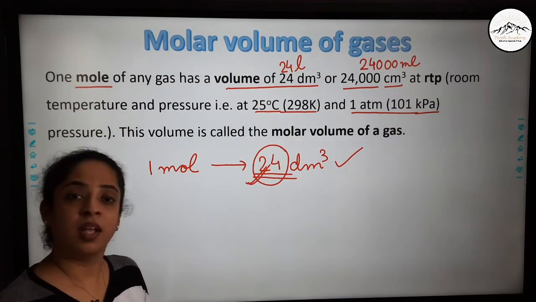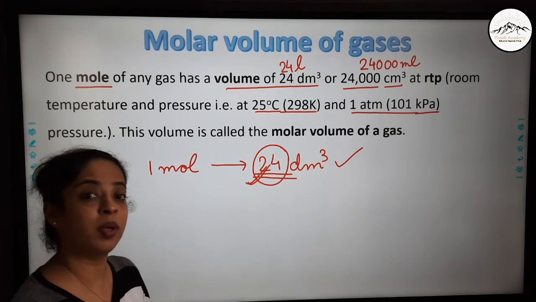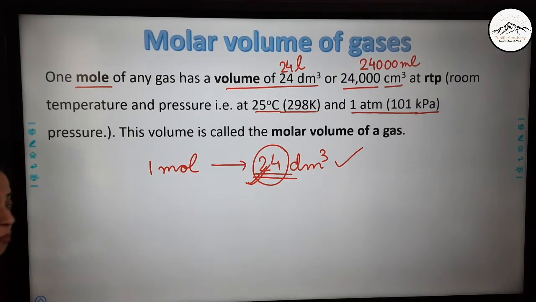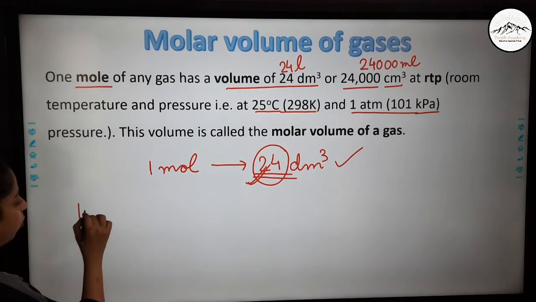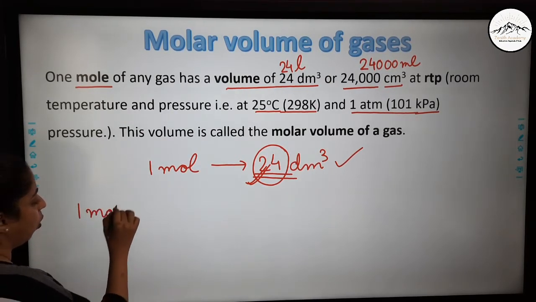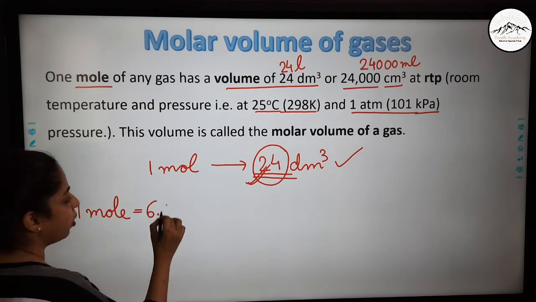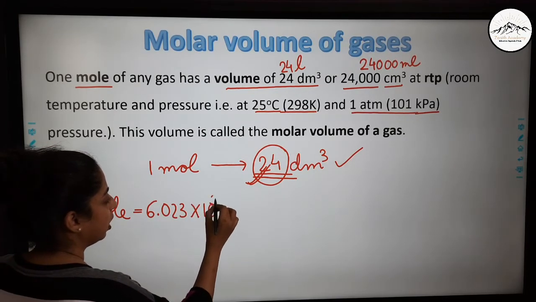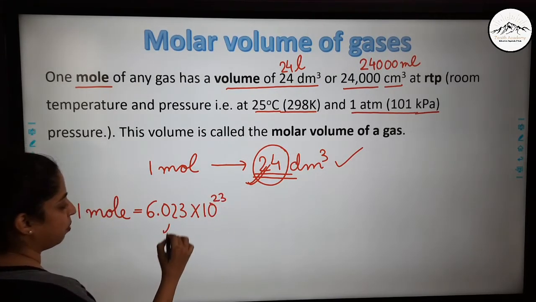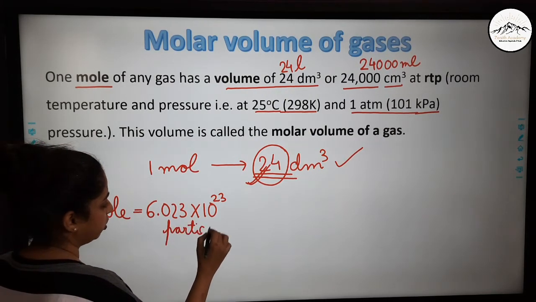And now students, in our earlier videos of chemical calculations, I told you about a magic formula. So we'll revise the magic formula here because we will require it right now. So I had told you that 1 mole of any substance is 6.023 into 10 raised to power 23 particles. Now these particles can be atoms, molecules, or ions or radicals, whatever.